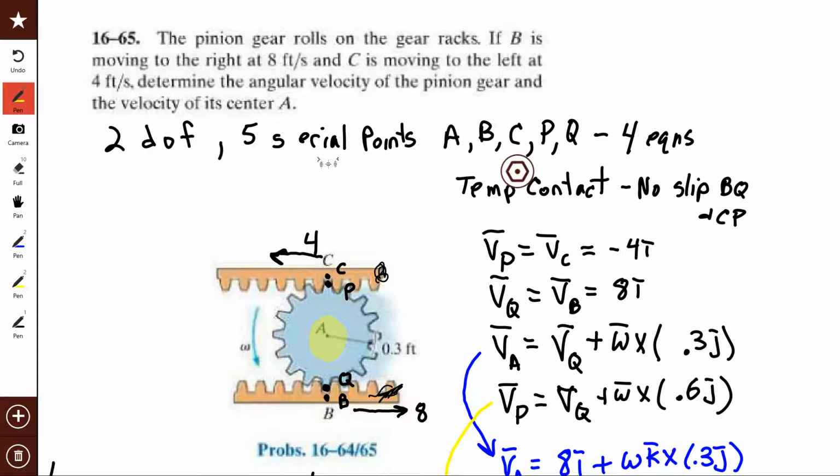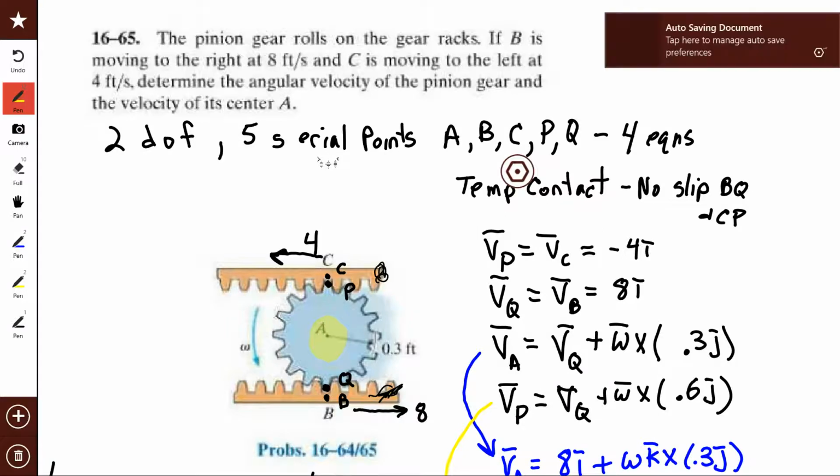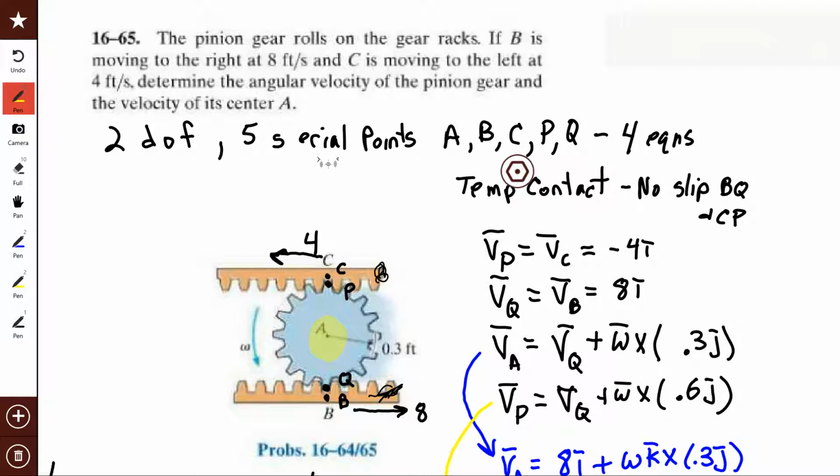No, sometimes you get lucky and you can solve the problem in 2. I don't worry about getting lucky. I just get fast at writing the 4 equations. I'm going to write 4 and pick up some partial credit. Got it? And then whether you have to solve all 4, that's a different matter. So there's 4 equations.